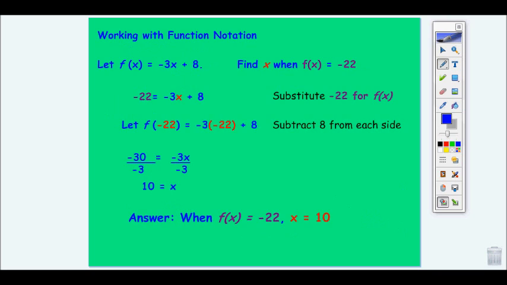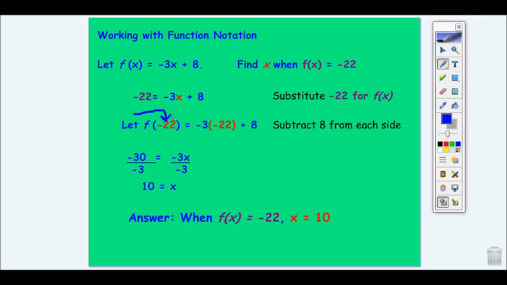Let's see what our next example is. Our next example is going to be the same thing, negative 3x plus 8, but this time the function of x is when x is going to be negative 22. This time we're going to substitute negative 22 in for x, same as we did.